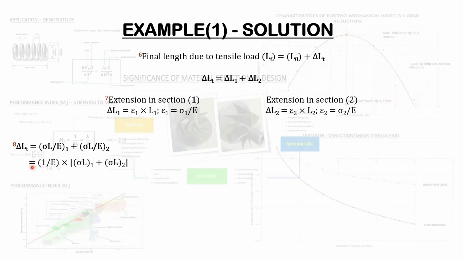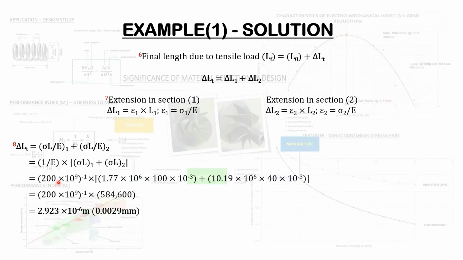So what we can do here is factorize the common term. The common term here will be the Young's modulus, which, as we've stated previously, is the same because the material used for this particular component is homogeneous throughout. We factorize the Young's modulus, and we get 1 over E, in brackets, sigma L for section 1 plus the product of sigma L for section 2.